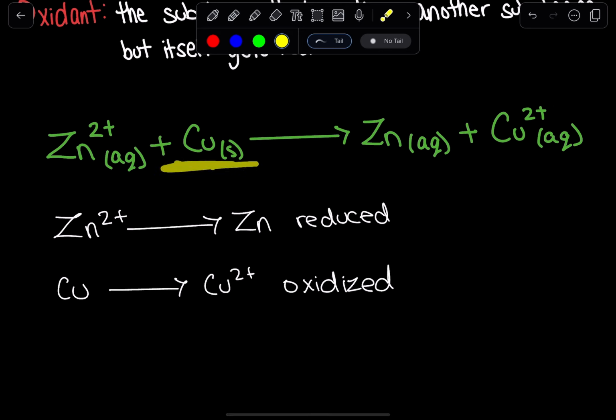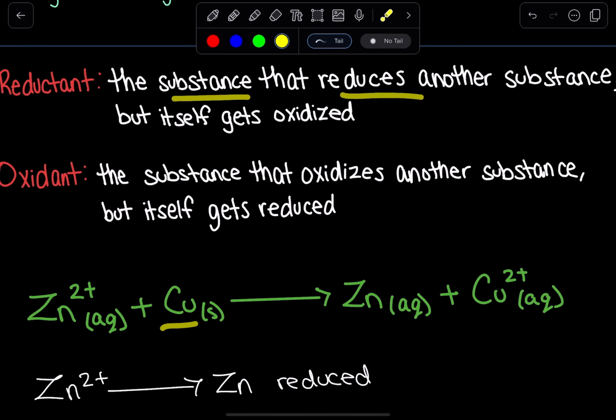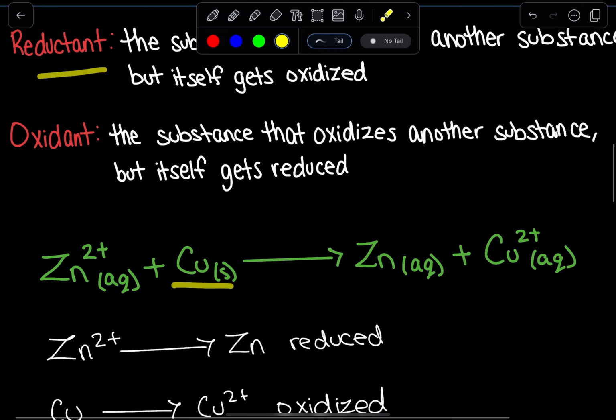So copper was able to reduce zinc 2 plus, and as a result, we get zinc. So since copper is donating its electrons to zinc 2 plus, copper is the substance that reduces another substance. So it is the reductant. Copper is our reductant. And then by process of elimination, our zinc 2 plus must be our oxidant.